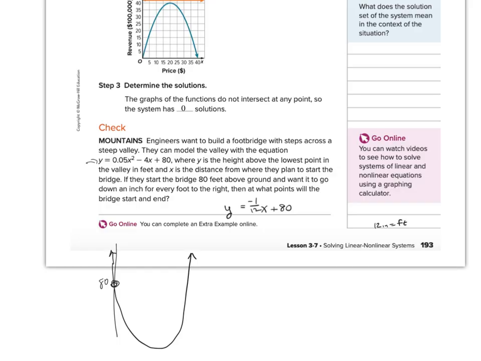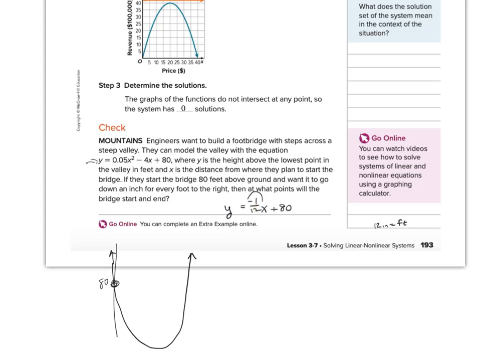The other equation here is modeled. Model the valley with an equation, where y is the height above the lowest point in the valley in feet. So this is in feet, and this is in inches. I should probably correct that, because this isn't 1 out of 12 feet.